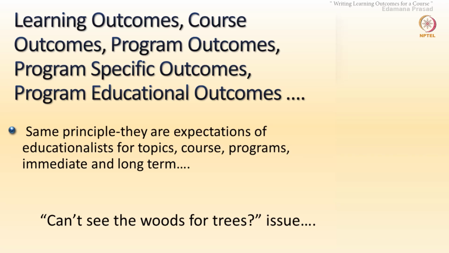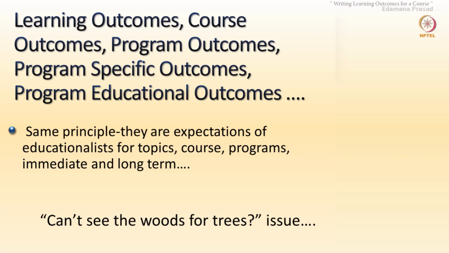They are all teachers' expectations about learners' performance. We call it a learning outcome if the expectation is about a topic or a module or a unit, and we call it a course outcome if it is the entire course. Suppose faculty want to say that these are my expectations on learning, we call it course outcomes. And the same thing extends to a program.